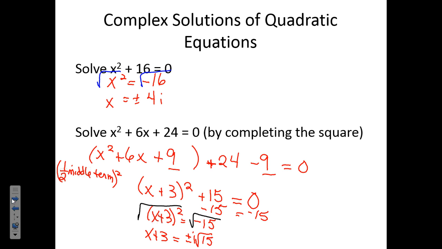There's no perfect square in there. Almost there. What do we have to do yet? Subtract 3. So x will be negative 3 plus or minus i square roots of 15. There's my a, there's my b, complex number, actually complex conjugates. Negative 3 plus i square roots of 15 and negative 3 minus i square roots of 15.